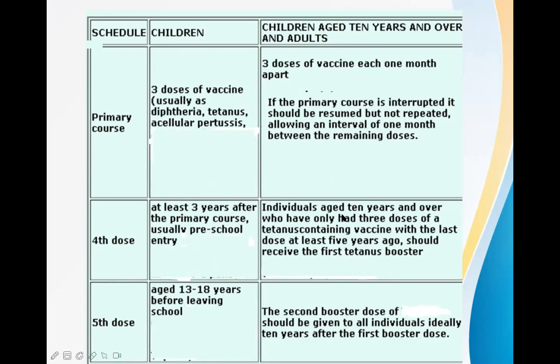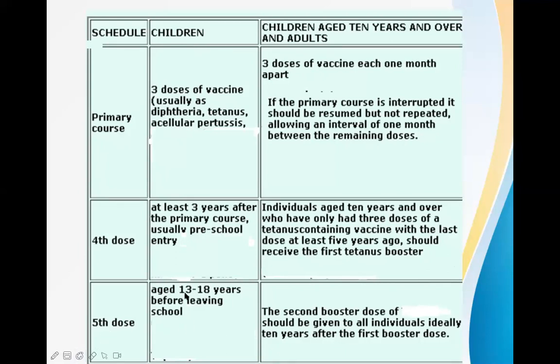Now, individuals aged 10 years and over who have only had 3 doses of a tetanus containing vaccine, with the last dose at least 5 years ago, should receive the first tetanus booster now. So this is an important point. If five years have already passed and the wound is a bit dirty looking, then don't think anything else, give 1 shot of TT.